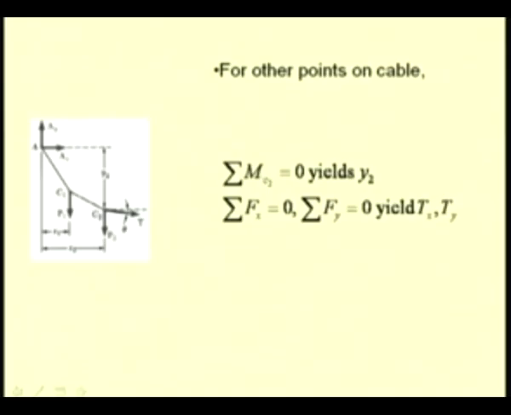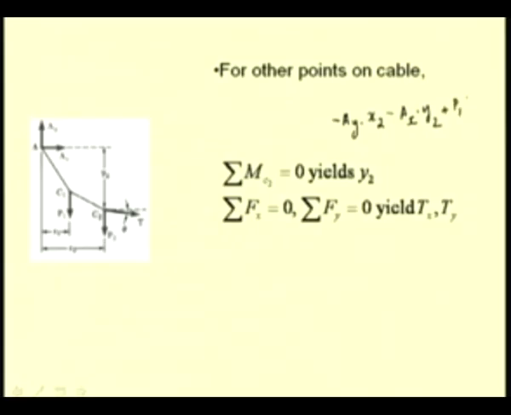So, this equation sigma M C2 equal to 0 is Ay times the moment arm, which is x2, and this leads to a clockwise moment about this point, so it is negative, and Ax has a moment arm of y2 again, which is clockwise, so it is negative, and this force P1 has a counterclockwise moment, so it is positive.